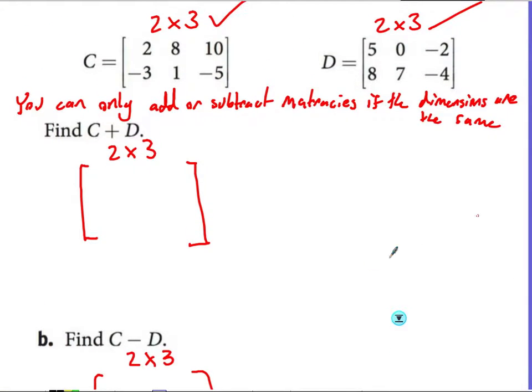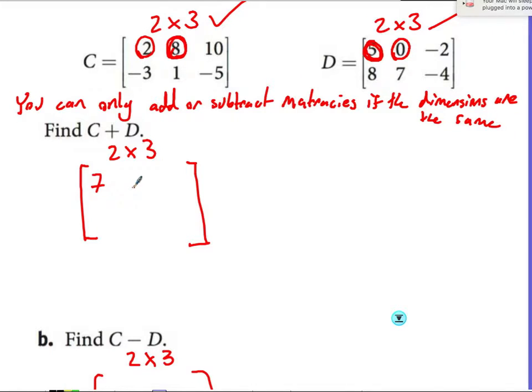Now, let's focus on adding matrices. It's very simple. You take the entry in the first row and first column and add it exactly to the entry of the second matrix in the first row and first column. So 2 plus 5 gives me 7. And you keep doing the same for all the other entries. So here we take the entry in the first row second column and add it to the entry of the second matrix in the first row second column.